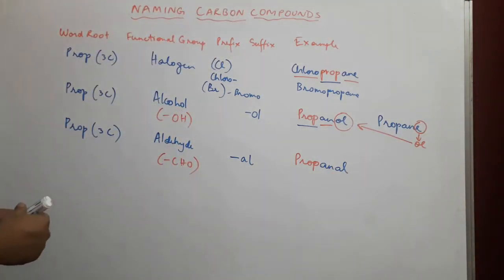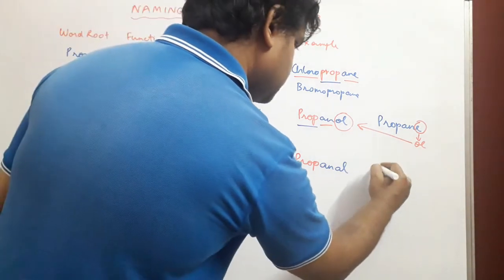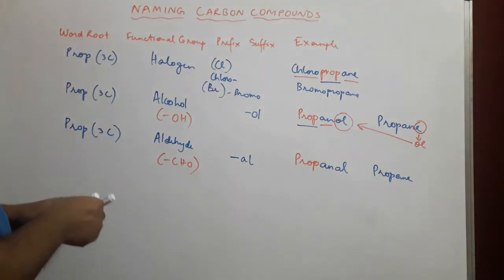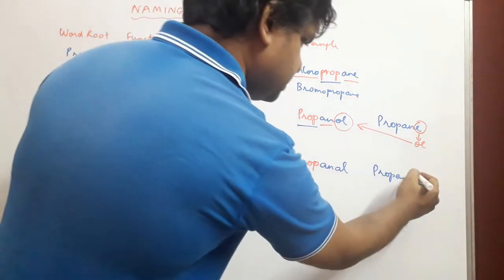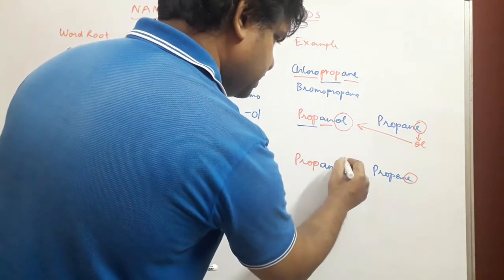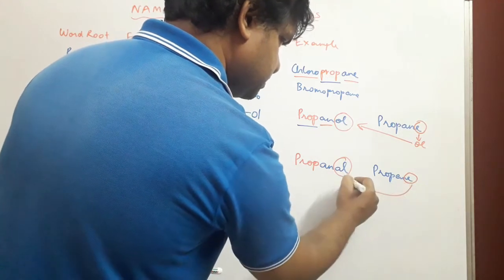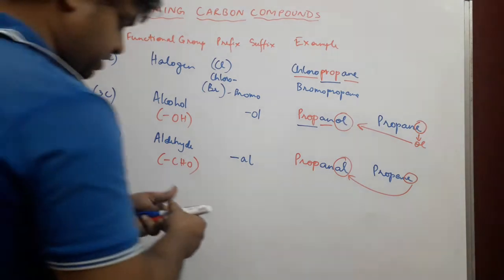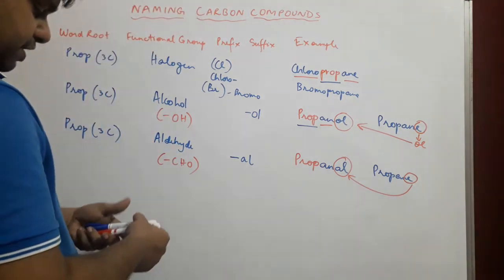Notice once again this is actually propane, and E is replaced by AL. So in place of E the suffix AL comes.